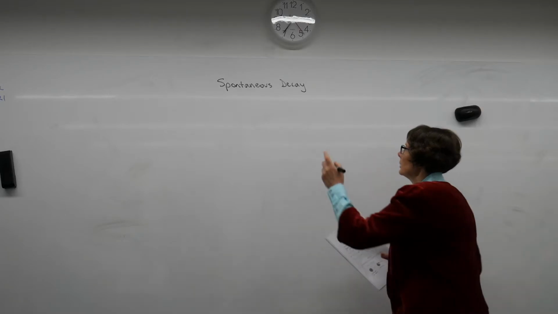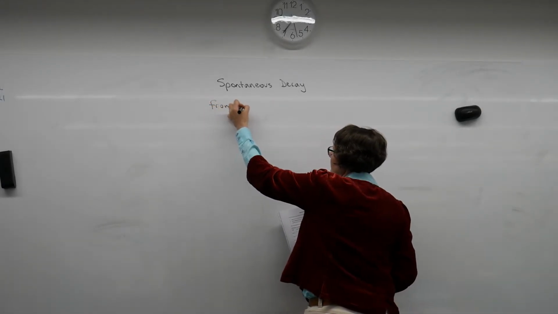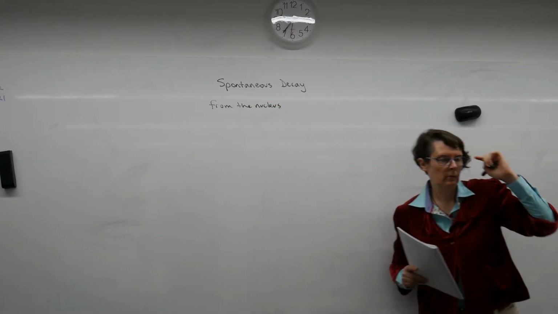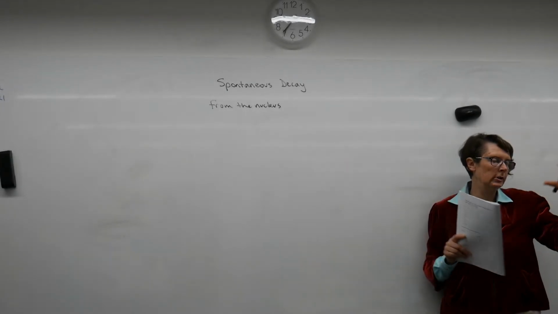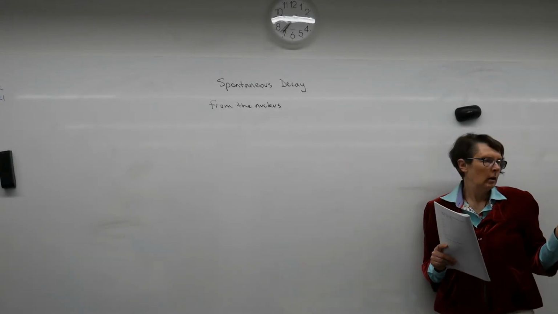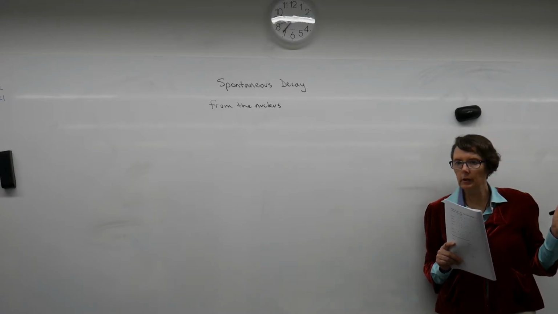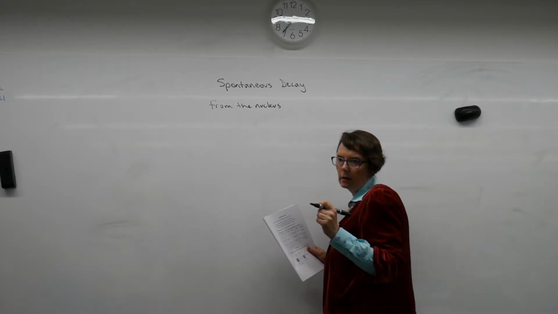Yep, so it is from the nucleus. It's got nothing to do with the electrons orbiting the nucleus. But what's spontaneous? It just happens abruptly. You can't predict it, you can't force it.